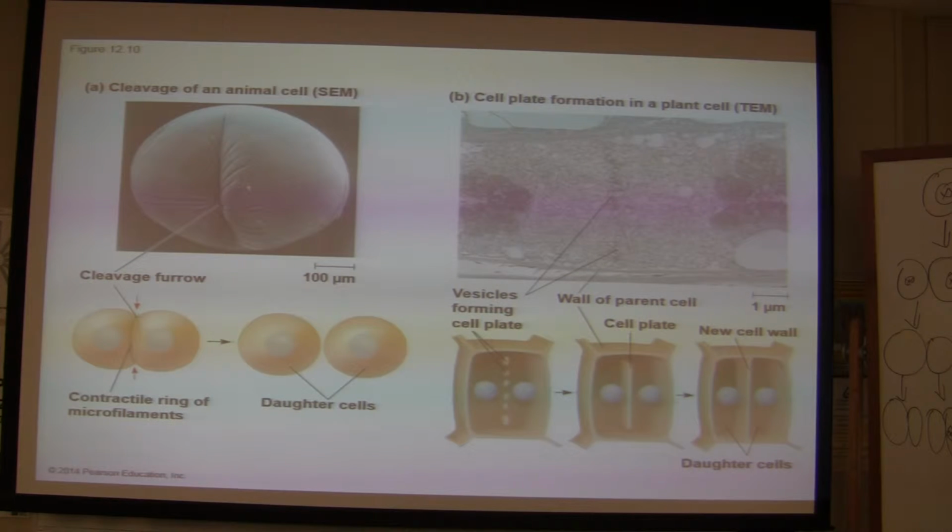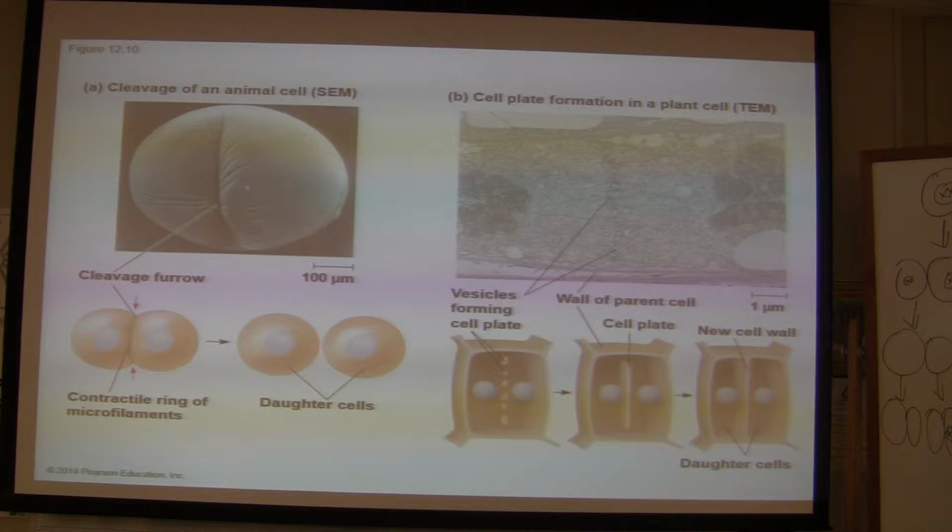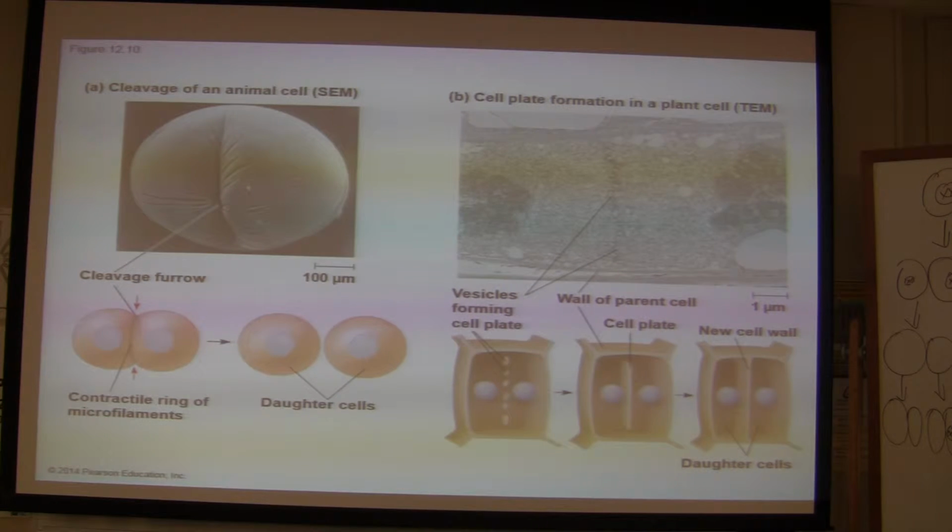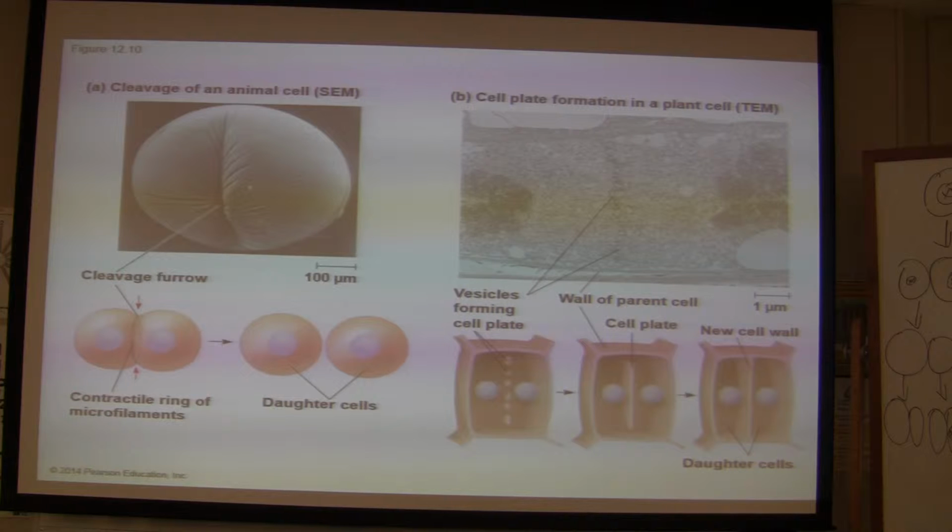Okay, 46 went on this side, 46 went on this side. And now cytokinesis is when the cell, you see the cleavage furrow right here, pinches in. Now you have two cells. This is the case for animal cells.